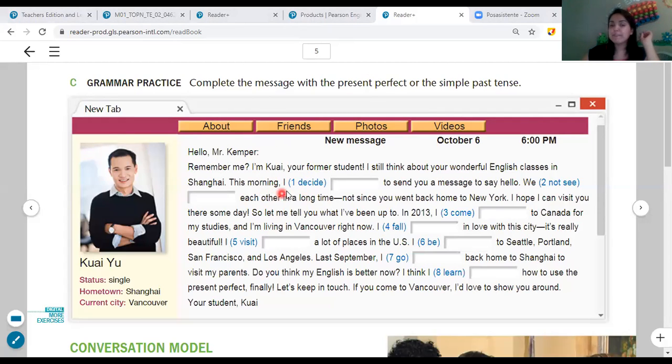We have a specific time, so with the simple past. Easy. Decide es un verbo regular. This morning I decided to send you a message to say hello. We have not seen each other in a long time. Okay, what do you think is this? Present perfect or simple past?